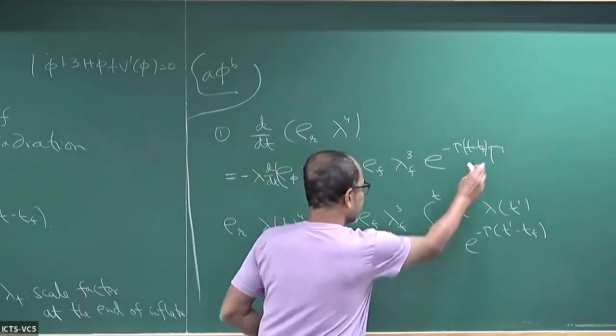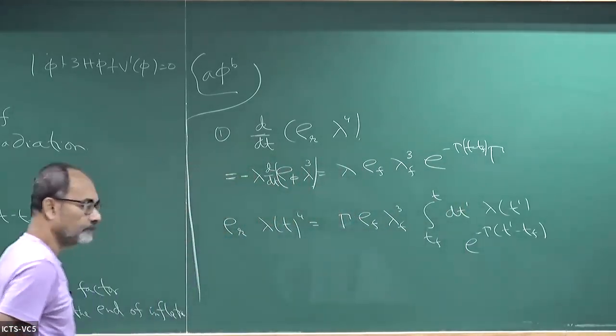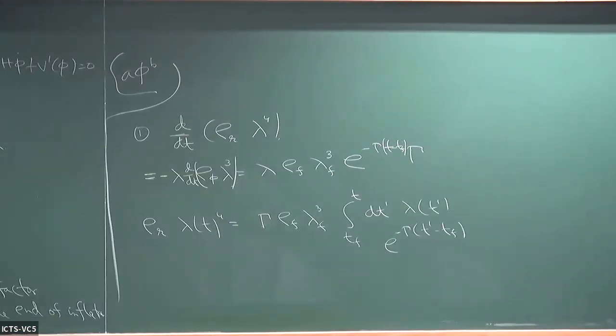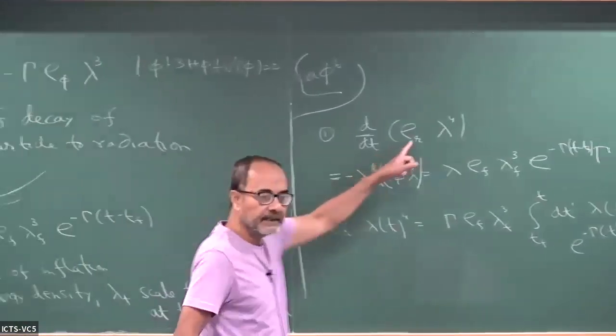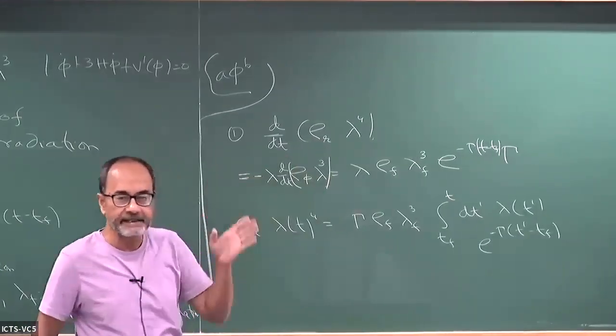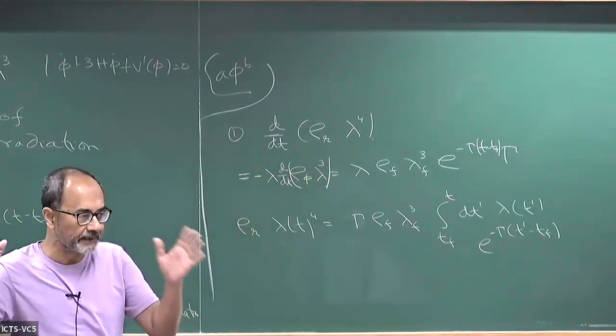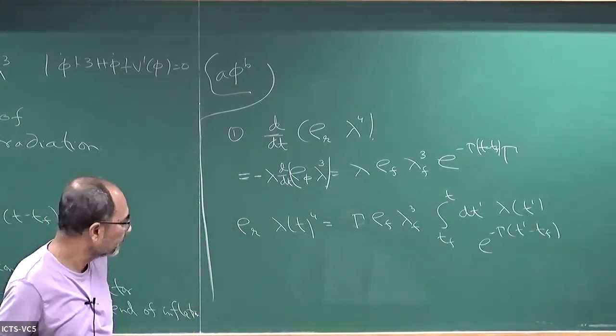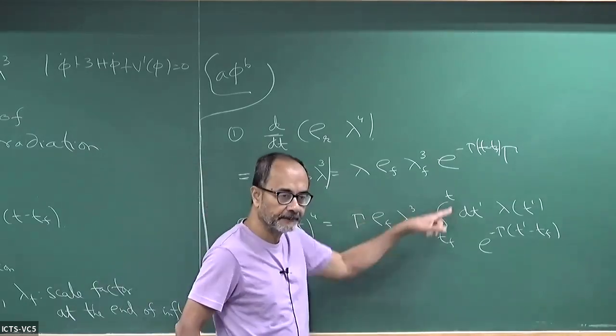Yes, there is a gamma here also. I just integrated this, and I used the fact that at t equal to Tf everything was in the matter, so rho r was 0. That's why I am integrating from Tf to T.